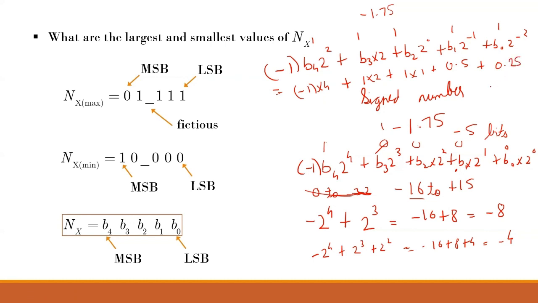Till this part, is it clear? Yes, sir. So minus 4 plus 2 plus 1 is 3, so this becomes minus 1, plus 0.75. I'm actually getting minus 0.25. There's some error. One minute.